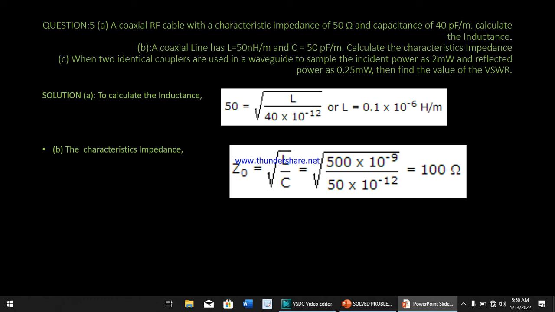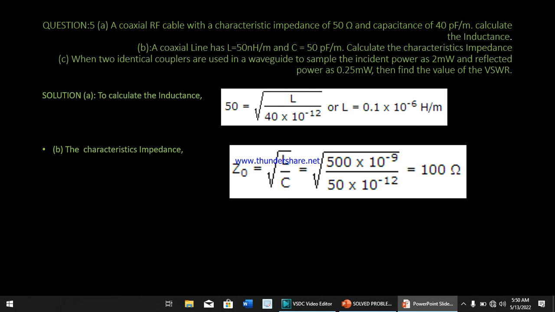So the B part says the characteristic impedance. In order to calculate the characteristic impedance of this coupler, which has the inductance of 50 nanohenry per meter and the capacitance of 50 picofarad per meter.